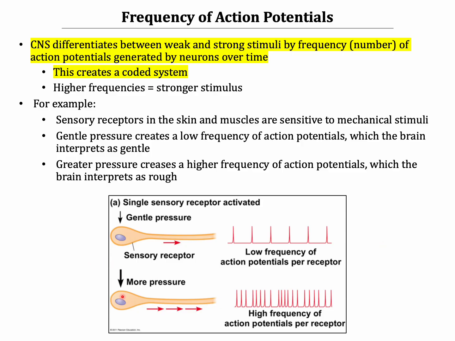Versus if more pressure is being applied, that's going to generate more action potentials with a much higher frequency. That's like touch, touch, touch, touch, touch, ouch, ouch, ouch, right? It has all to do with the frequency of incoming action potentials that allow for interpretation of incoming messages.